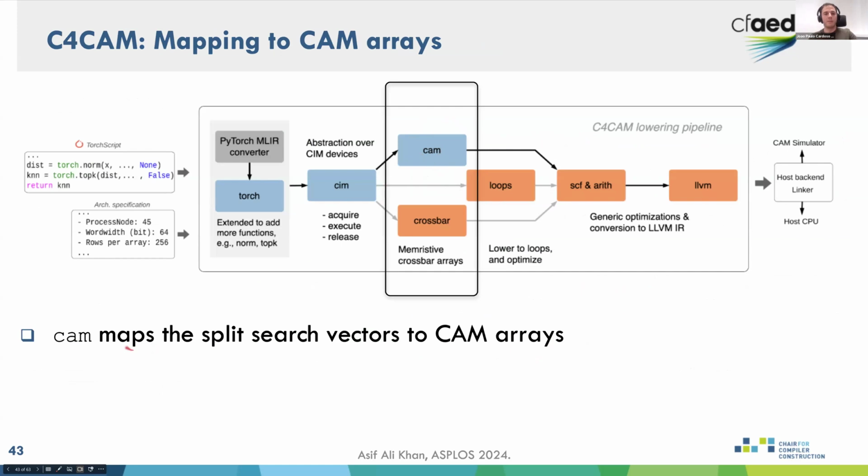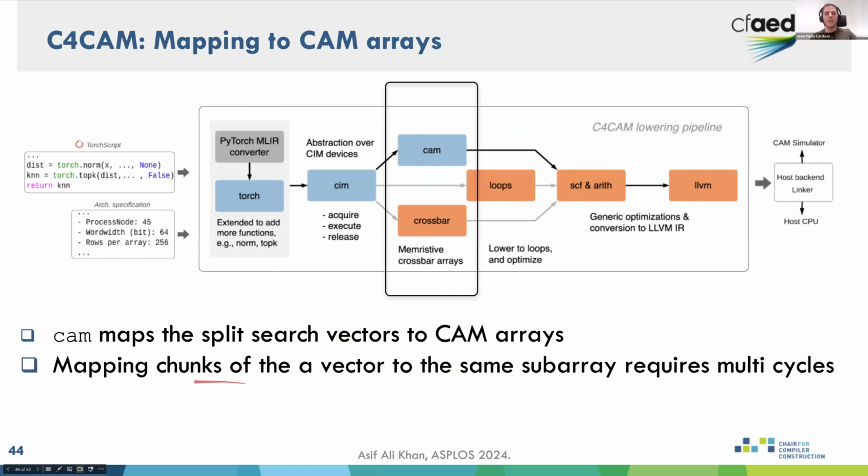Right. So now we come to the CAM dialect. The CAM dialect is responsible for splitting the search vector, the queries, into CAM arrays. And it maps these chunks of the vector to sub-arrays, either for search in a single cycle or in multiple cycles, which is a capability that these memories have. And it also implements a more specialized merge operation.